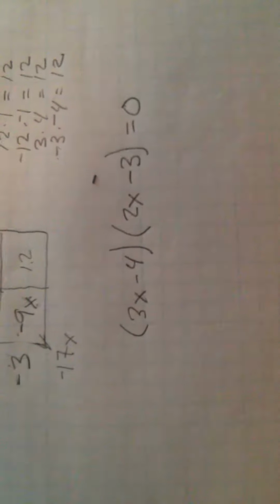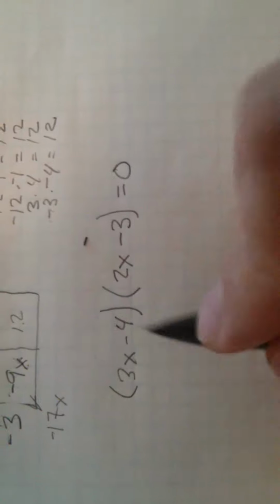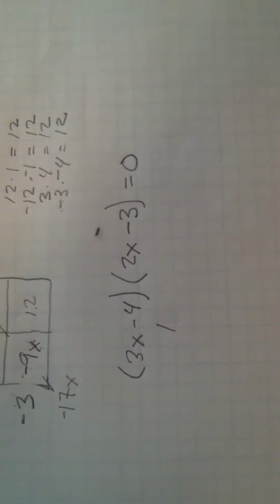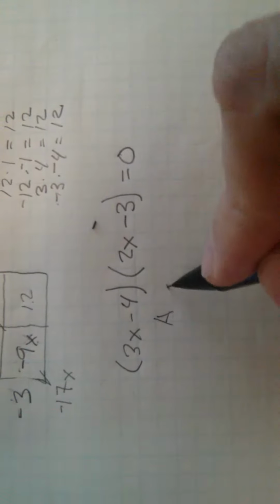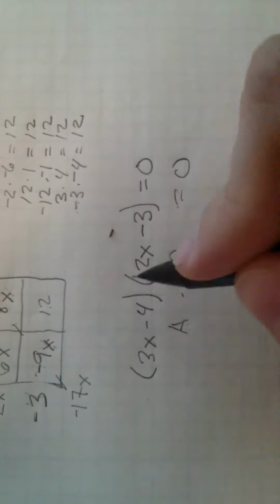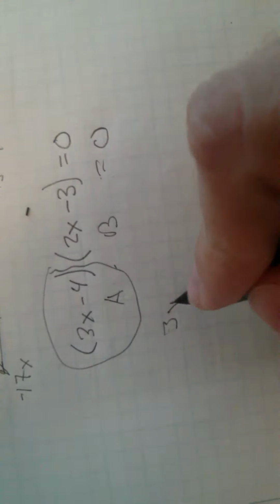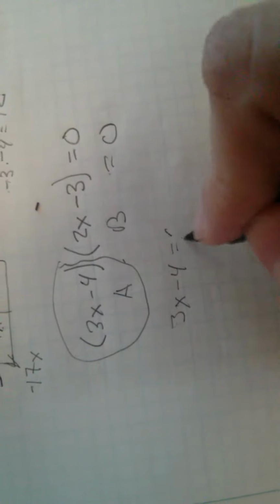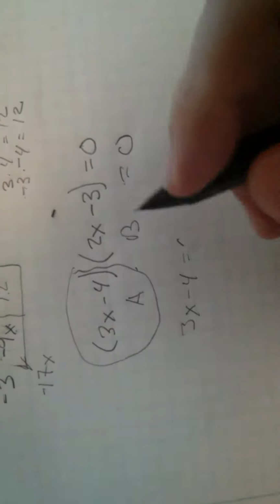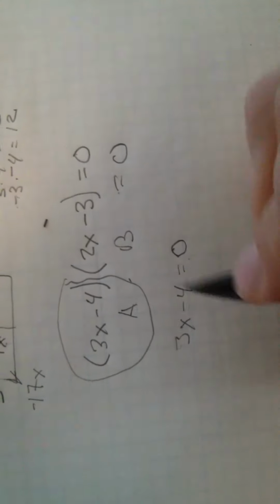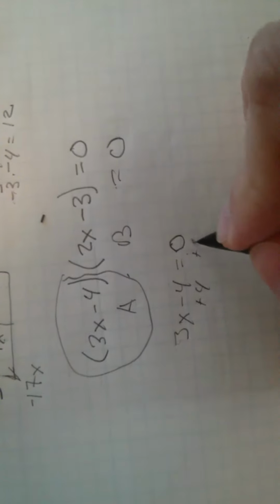Now I'm supposed to solve this, right? So to solve this, if a times b equals 0, then a equals 0 or b equals 0, right? So we take this piece, which we're calling the a. So we go 3x minus 4 equaling 0. Okay. We solve for x. We add 4 to both sides.